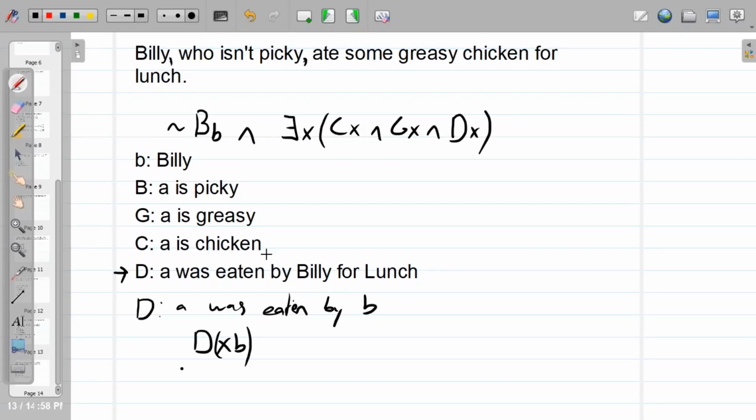Yeah? So we also don't have in this symbolization scheme the class of all Billies, which is what you would need in order to represent it as a restrictive relative clause. We'd have to say all of the Billies that are picky. And I didn't give you that option here. So that's why it's fairly clear that you can't do that. Does that answer your question? Okay, good, good.